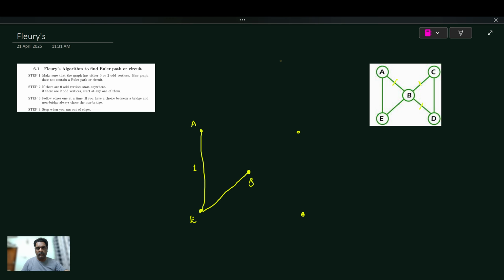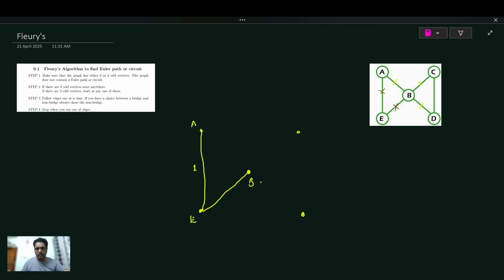If we already chose the edges from A to E and E to B, then in the remaining graph, the edge from B to A is a bridge, and the edges from B to C and B to D are not. So in such a situation, we have to choose the edges which are not a bridge of the remaining graph.